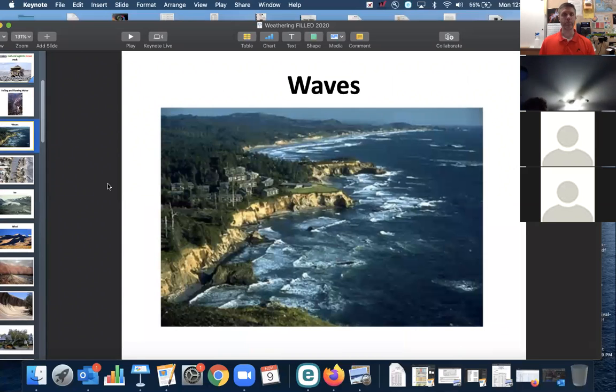Wave action. This is something that, with water, water's patient. It doesn't stop. It's relentless. So with wave action, it just keeps happening over and over again. If you look at the shoreline, right by these, I guess, condos, it looks like that shore hasn't always been there.